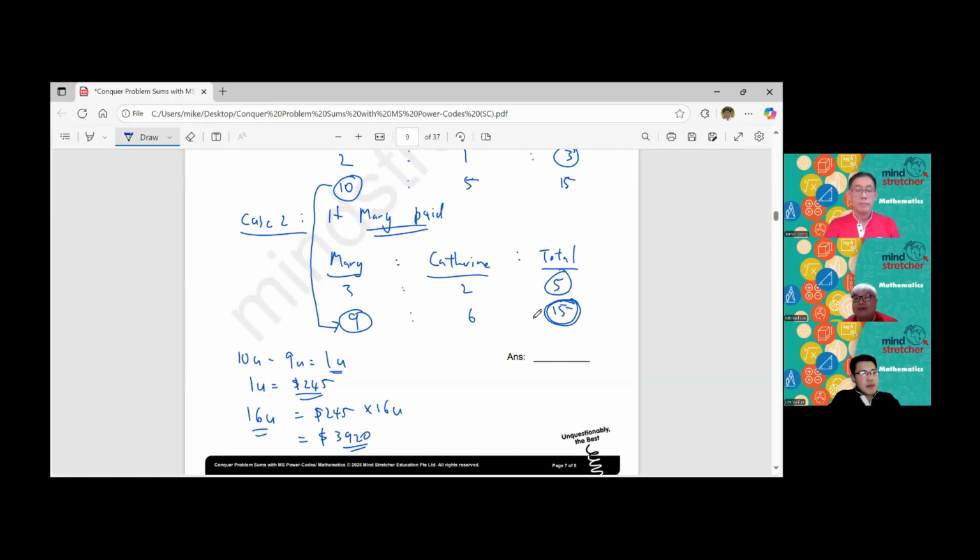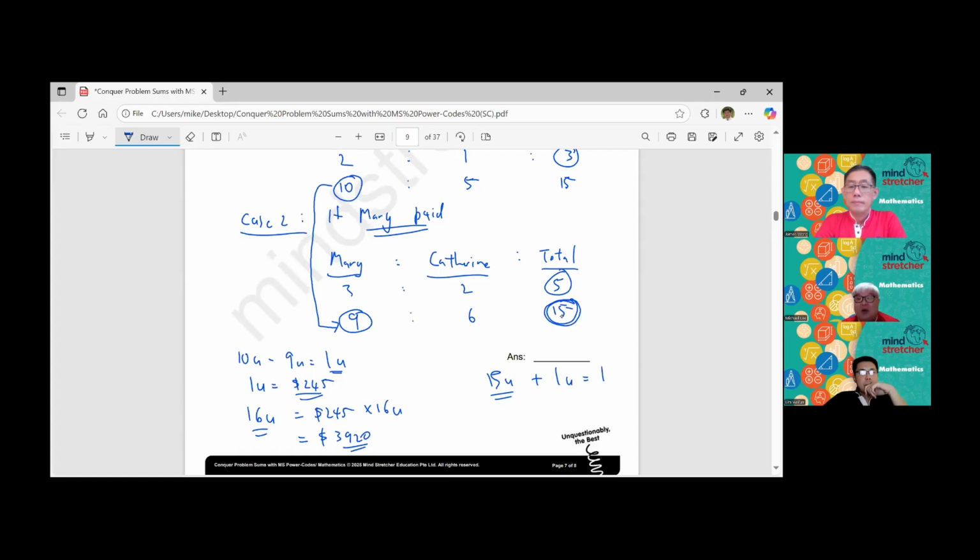Yeah, I think we can go on to the last question. Yeah, Sijie, why we need to multiply by 16, not 15? Just now I mentioned that 15 is the total amount of money both girls have after paying for the bag. That means the girls have 15 units, but that is after they paid for the bag, and the bag costs 1 unit.